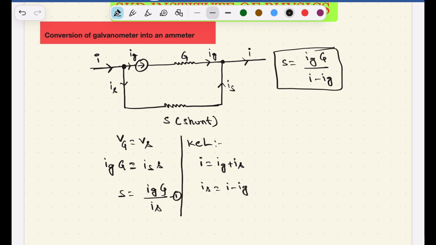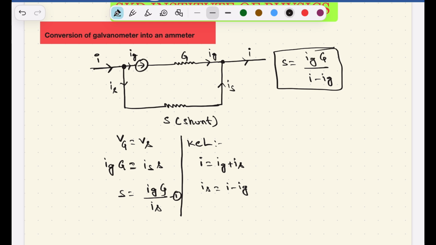Okay, we have calculated how the galvanometer can be converted into an ammeter. Remember, this formula is very important for NEET and JEE Mains concepts, and moreover for Advanced also. In Advanced, different concepts will be linked, but it is very important for NEET and JEE Mains.